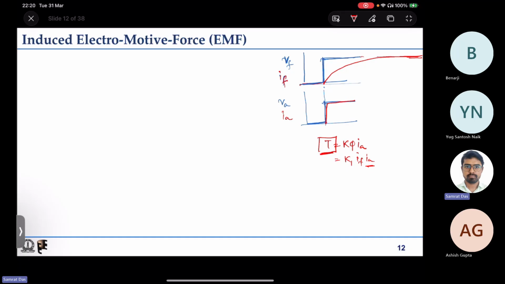But at what pace the current will increase or decrease is not up to us; it depends on the time constants. The relative values tell you that the armature circuit time constant is very, very low compared to the field winding time constant. So if you want good dynamic performance of torque, you want torque to rise very quickly, then it makes sense to control the armature current rather than the field winding current, right?